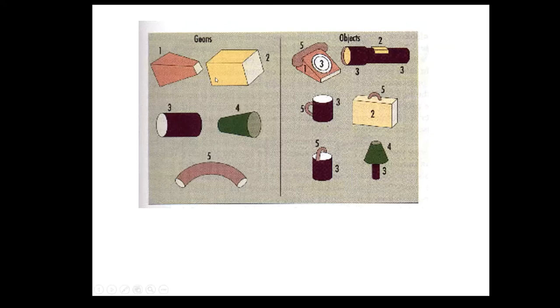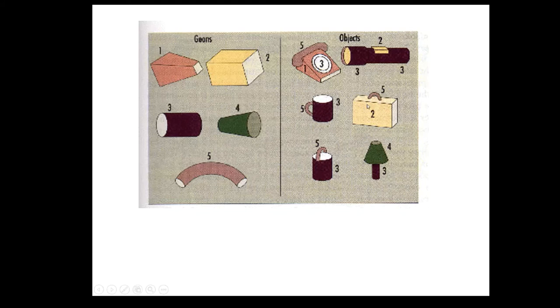Here's a nice example of how geons fit into common objects. So here's a coffee cup, which has the cylinder and this little arch shape for the handle, a lamp, the paint bucket, flashlight, suitcase.